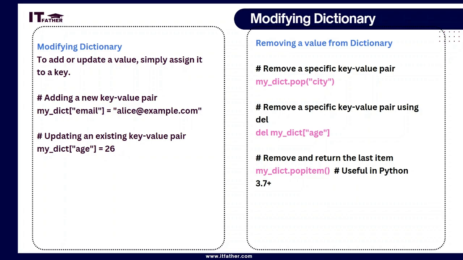And if you want to remove a value from dictionary, we can do it in two ways. First, we can use the pop function, in which we have to pass the key. If you are passing the key, then respective key along with the value will be removed. And if you want to use del keyword, then with the help of del keyword also we can remove.